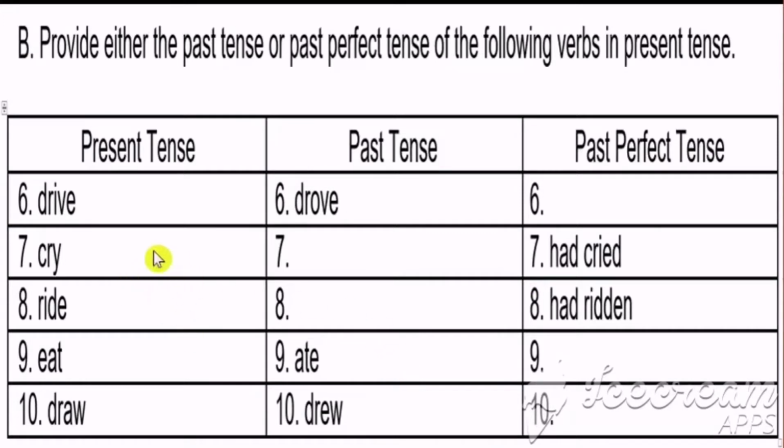In number 6, drive, which is the present tense. Drove, which is the past tense, and here this is a blank. So all you have to do is to determine or find out what is the past perfect tense of the given verb in number 6, which is drive.